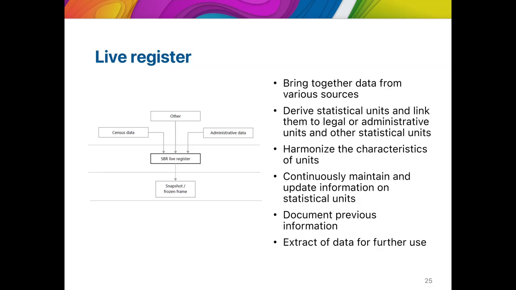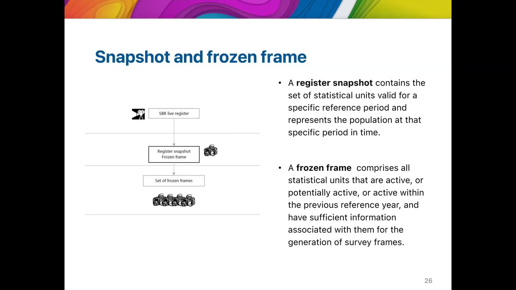So live register refers to the ability to extract subsets of data from the SBR. It serves as a foundation for creating frames for surveys aimed at the production of economic statistics. It's a live register which preserves the history of information on statistical units.